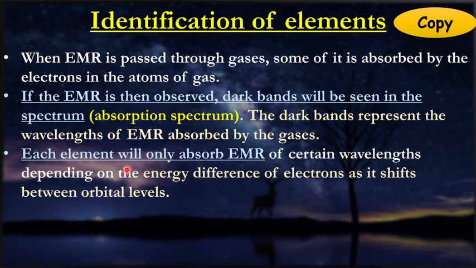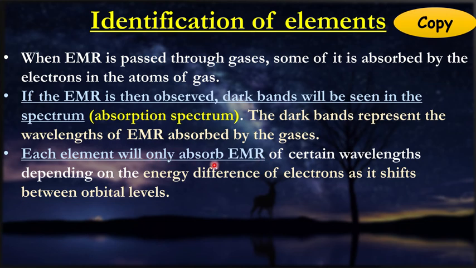Now that we know each element will only absorb specific wavelengths, a little pattern, we start seeing patterns forming where the energy differences of the electron shifts between these levels. So each element has a unique pattern of radiation it will absorb.